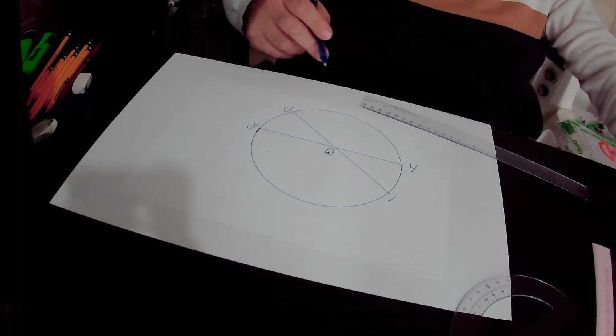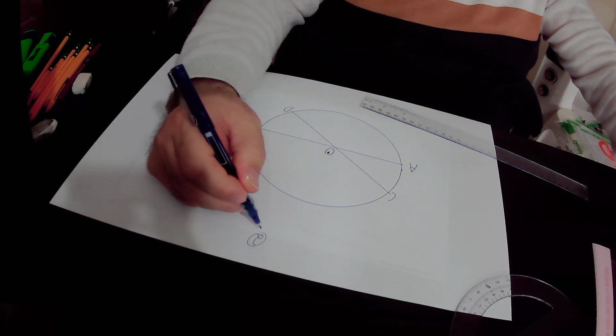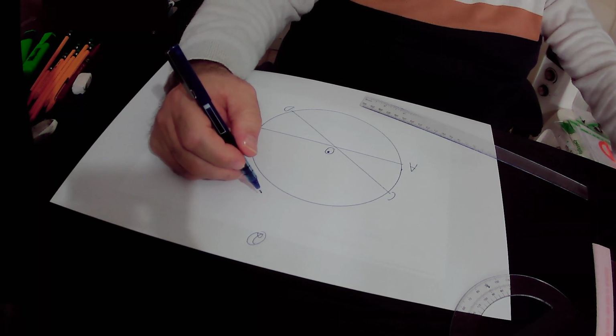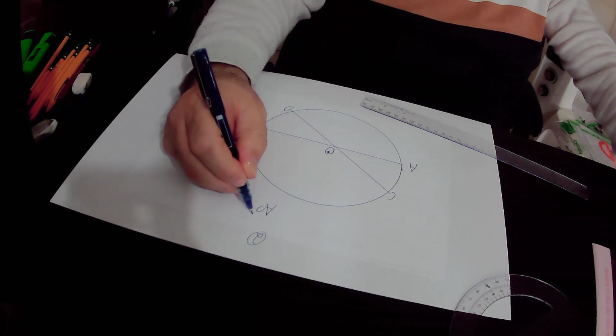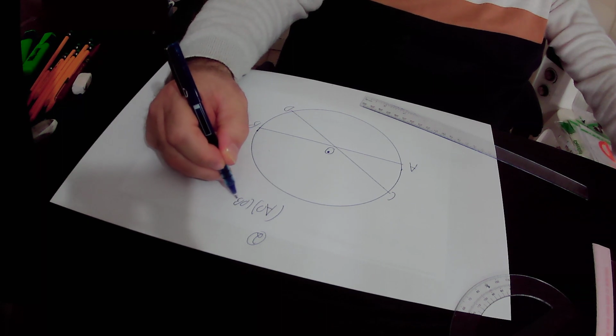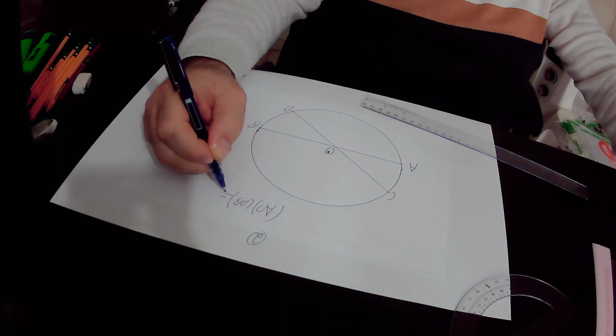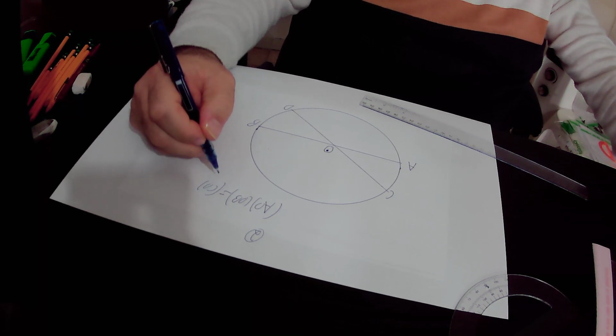Here the following equation is true. AO times OB is equal to CO times OD.